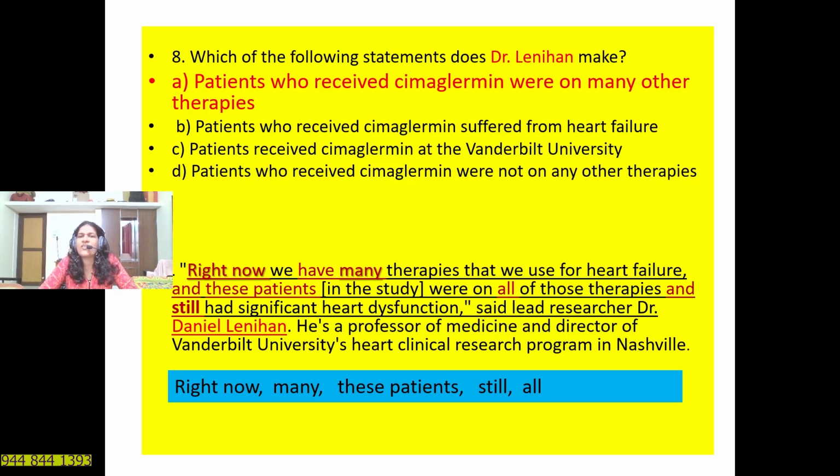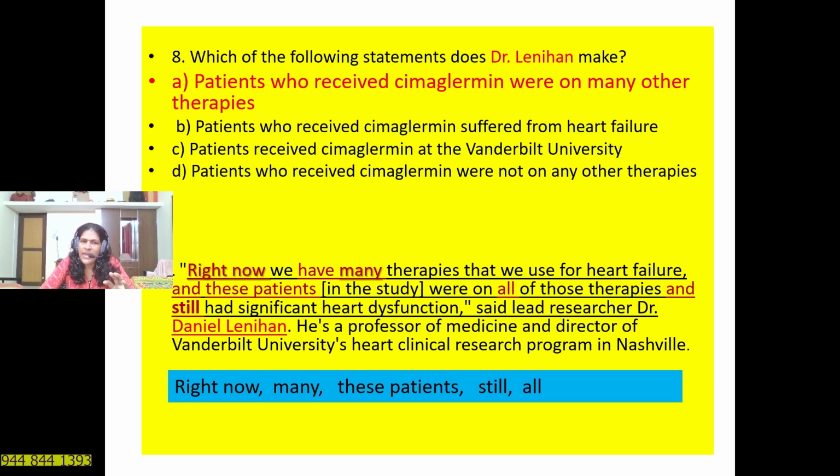He is a professor of medicine and director of Vanderbilt University's Heart Clinical Research Program in Nashville. Right now, what is right now? Time sequence. Many, again, is a scale. These patients is a reference, still is a contrast, and all is a scale.